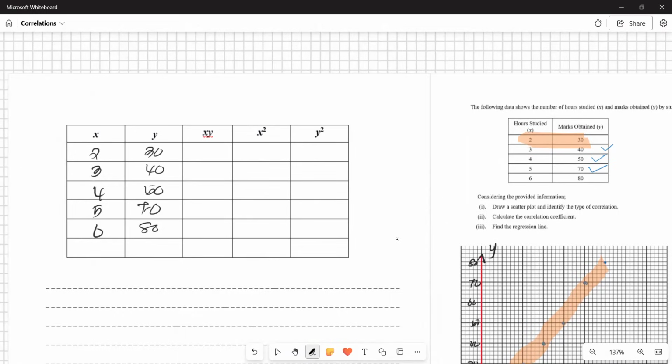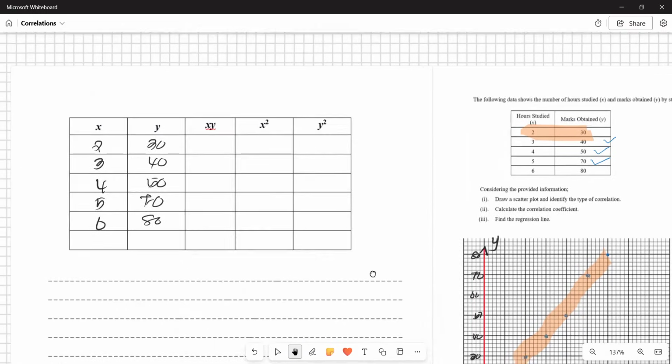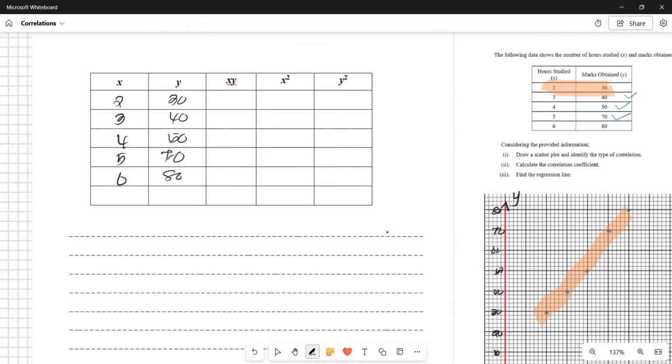Correlation coefficient R includes various formulas.